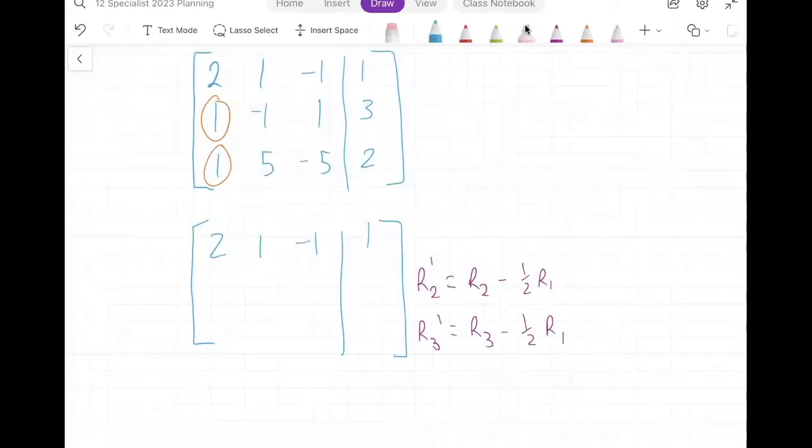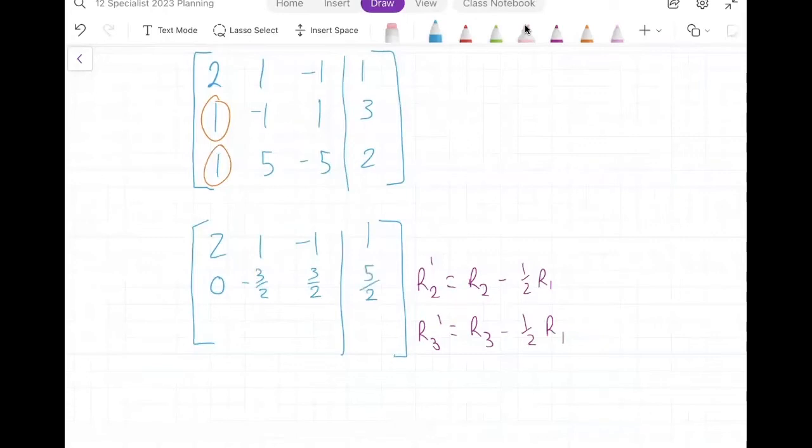If I go ahead and do that, that's going to become 1 minus 1, which gives 0. Then I'm going to have minus 1 minus a half, which becomes minus 3 over 2. Then I have 1 plus a half, which becomes 3 over 2 positively. I also have 3 minus a half, which becomes 5 on 2.